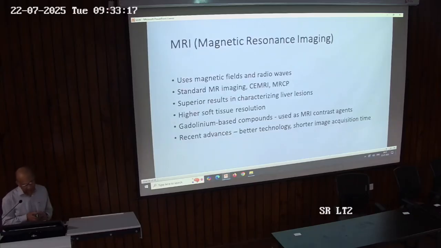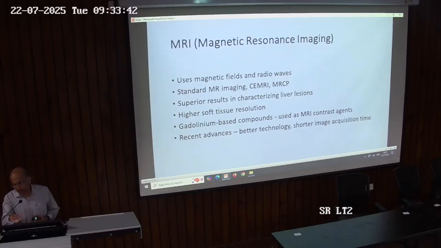The next imaging modality is MRI. It utilizes magnetic fields and radio waves. What an MRI does is that first the magnetic field is administered, which aligns all the hydrogen atoms.